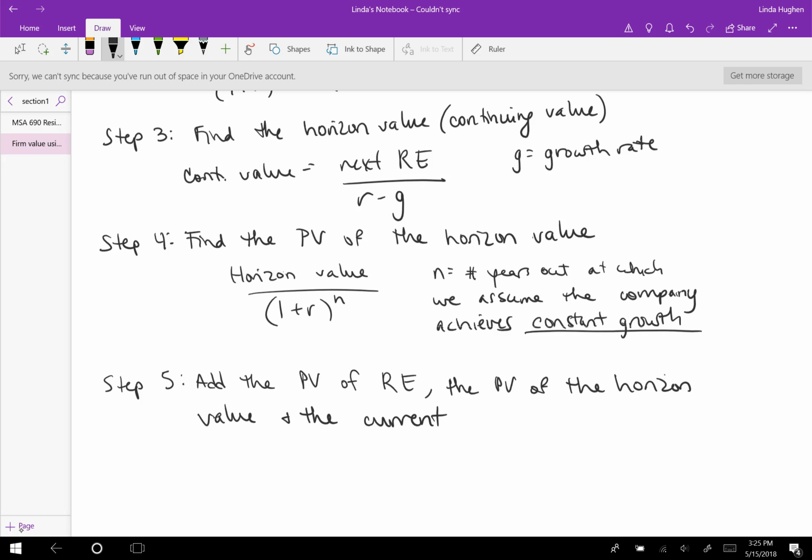That is the number that will be given in the problem. As real life analysts, we would get that from the balance sheet. Don't forget to add the current book value. And then we will get the predicted value of the firm, what we estimate the firm to be worth.